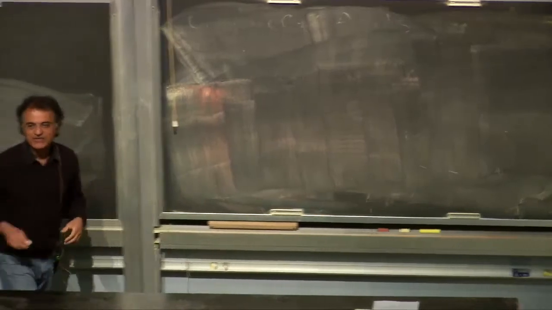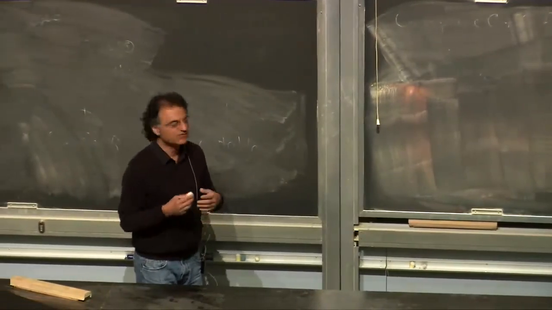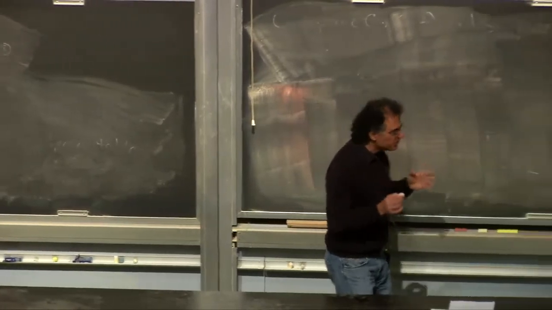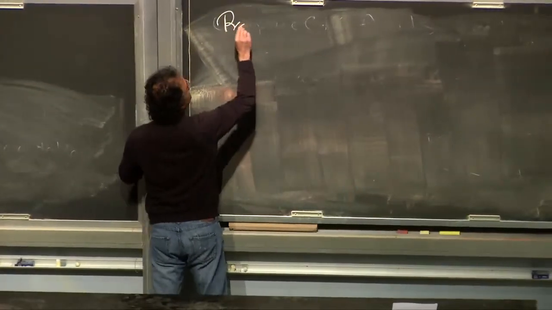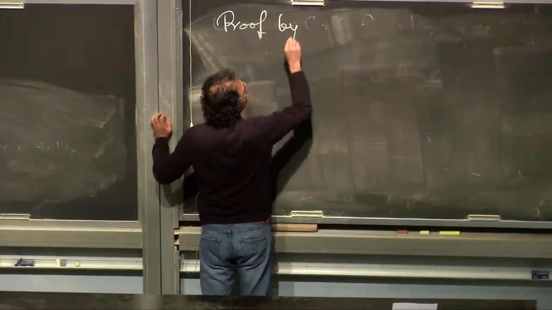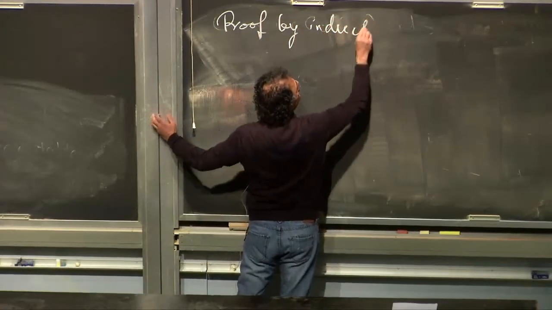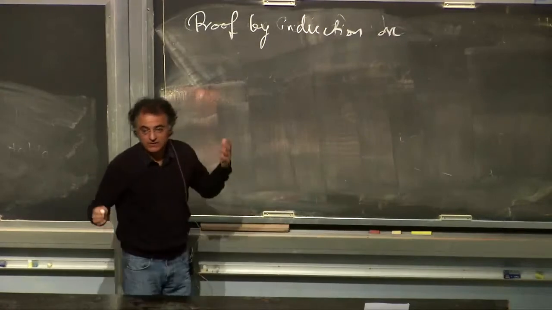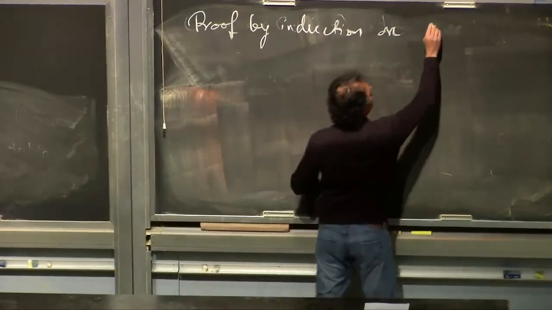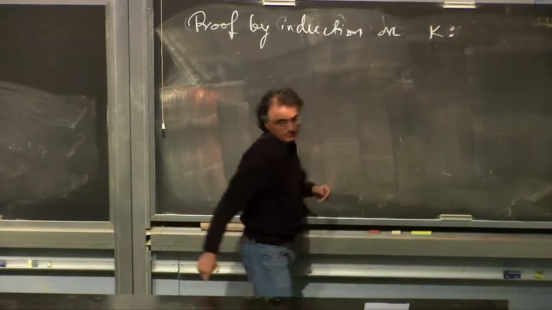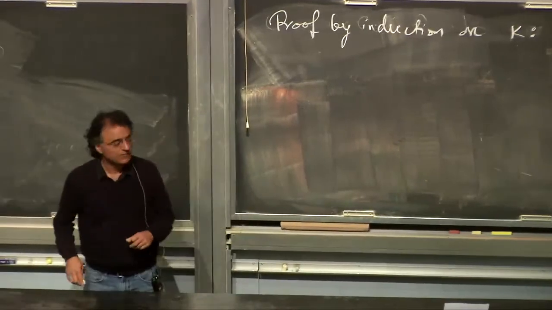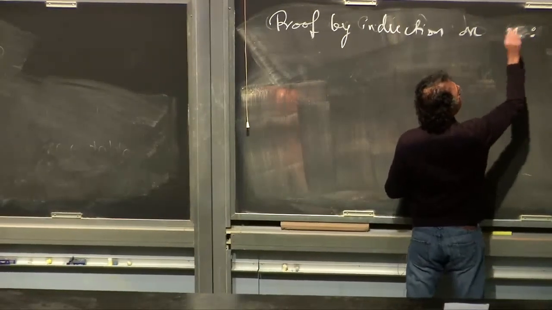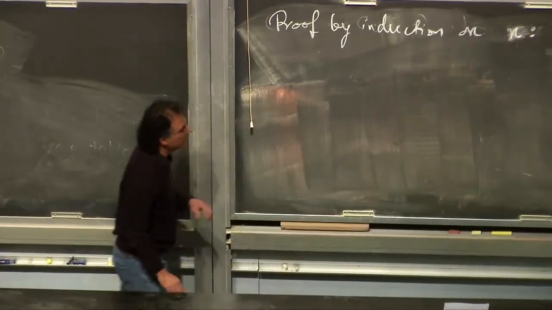Okay, so how do we say this argument in this format? So what we do is we say, well, we are going to do a proof by induction. Proof by induction on n.